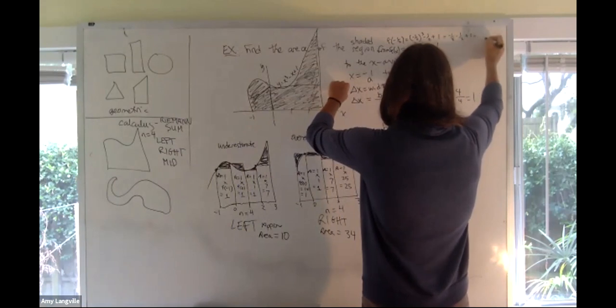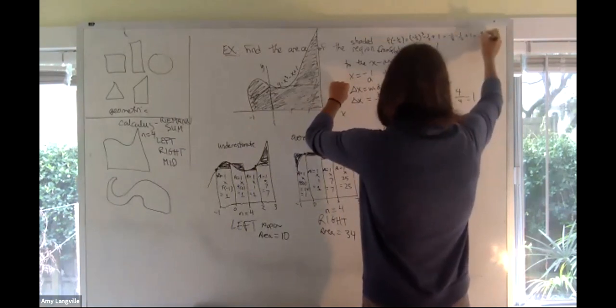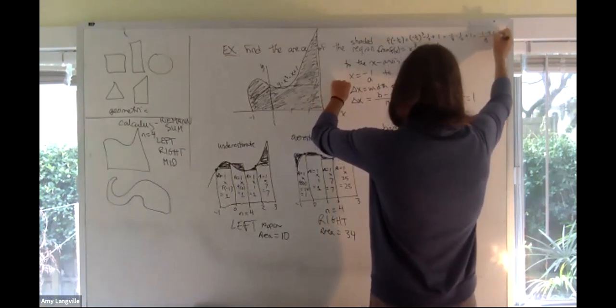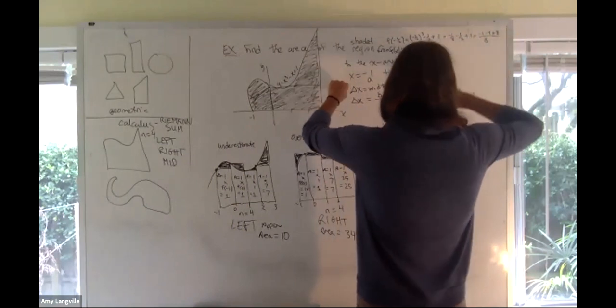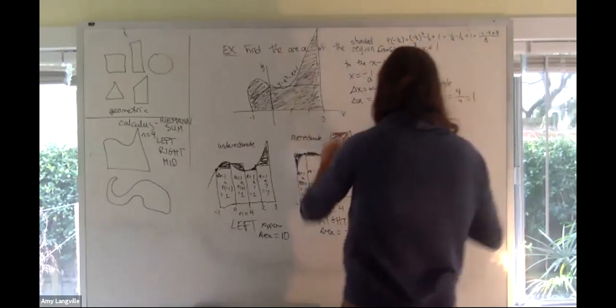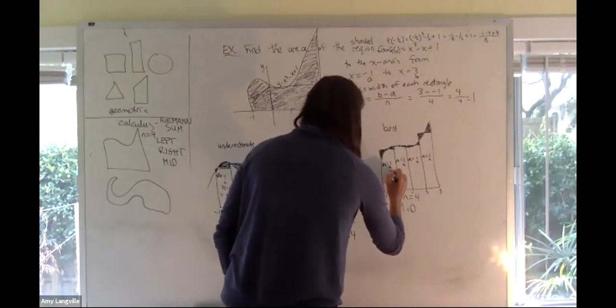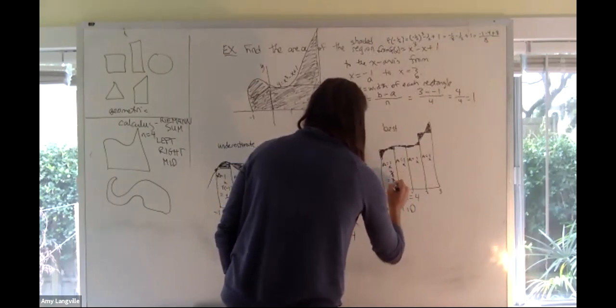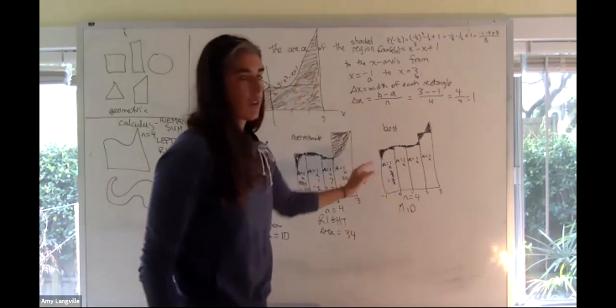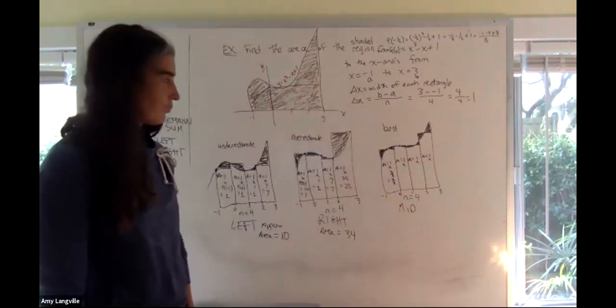Turn them all into eighths, and we'll have minus 1 plus 4 plus 8, which is 11/8? No: minus 1/8 minus 4/8 plus 8/8, which is 3/8. So 3/8 is what goes here. 1 times 3/8 is 3/8. So the area of this first rectangle is 3/8.